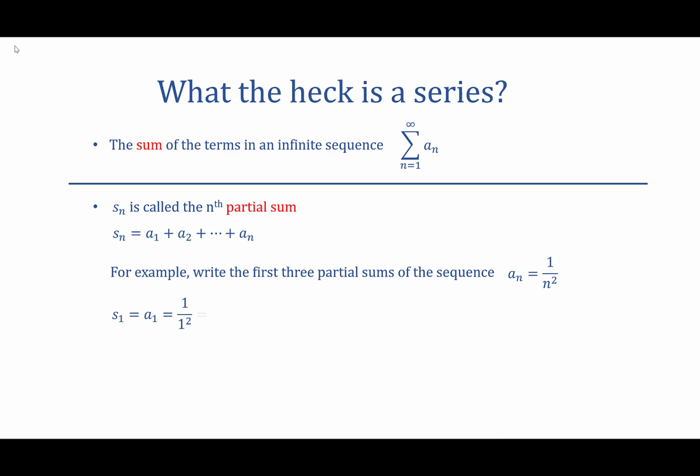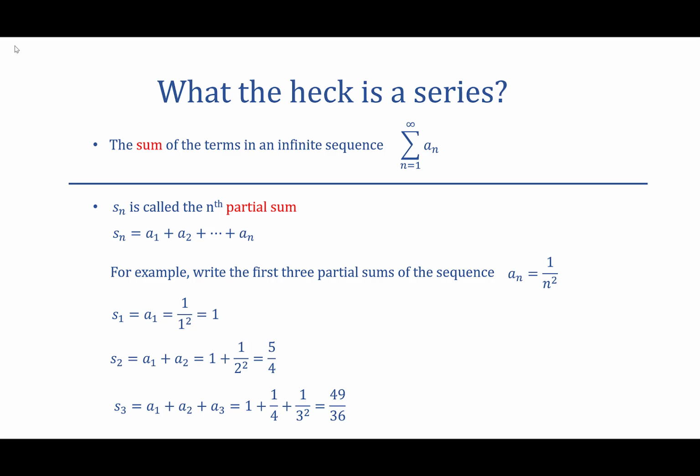S1 would be simply the first term, the sum of the first term. So it's just 1. S2 would be the sum of the first 2 terms. So 1 over 1 plus 1 over 4 is 5 over 4. S3 would be the sum of the first 3 terms. 1 over 1 plus 1 over 4 plus 1 over 9 would give us 49 over 36.